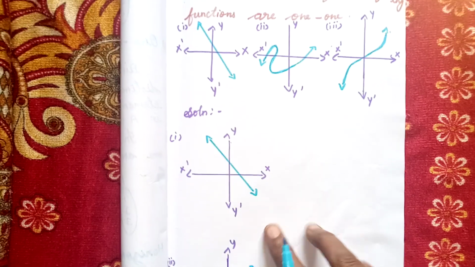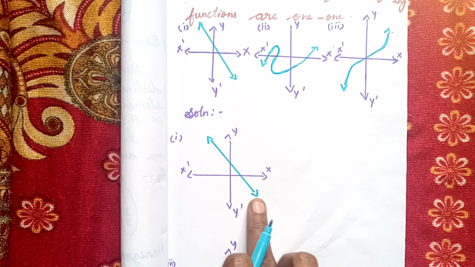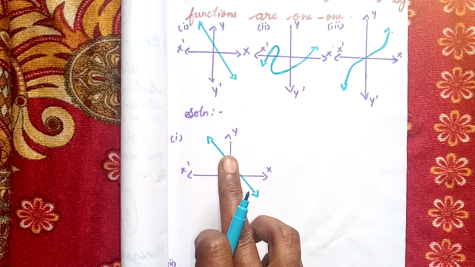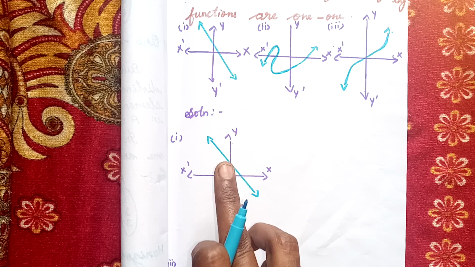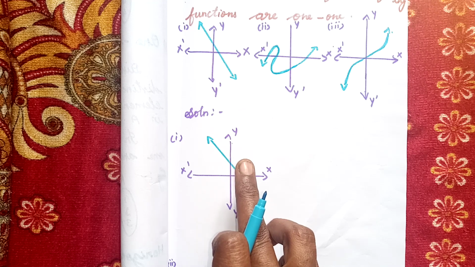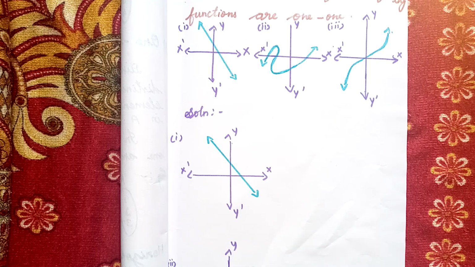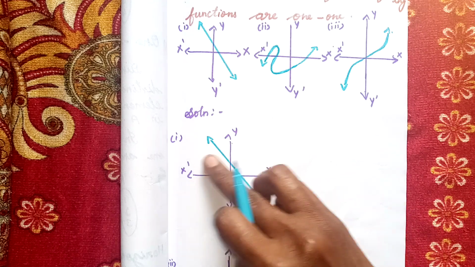Listen. Now, first graph. You see that horizontal line. What is a horizontal line? The line parallel to the x-axis is called a horizontal line. Now, we can draw a horizontal line in this graph.